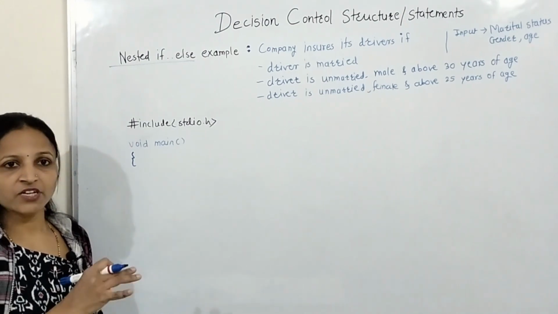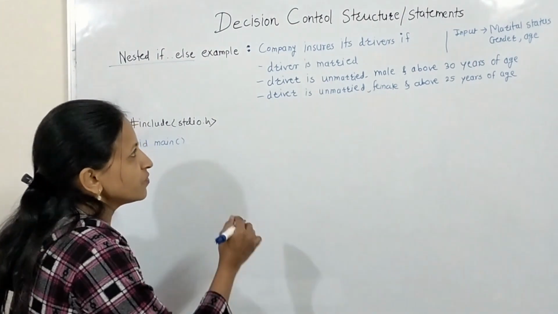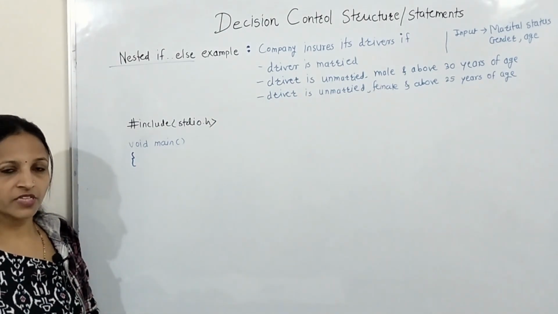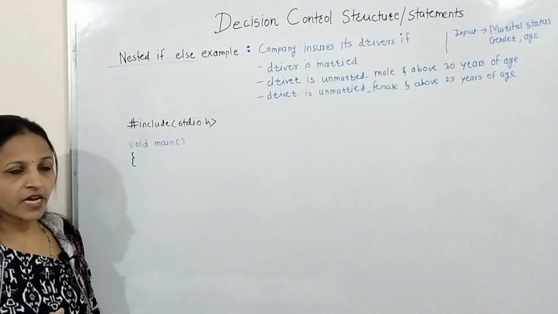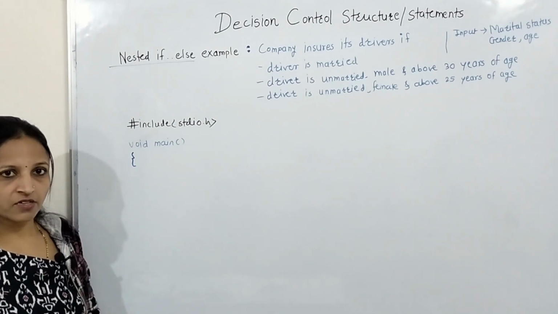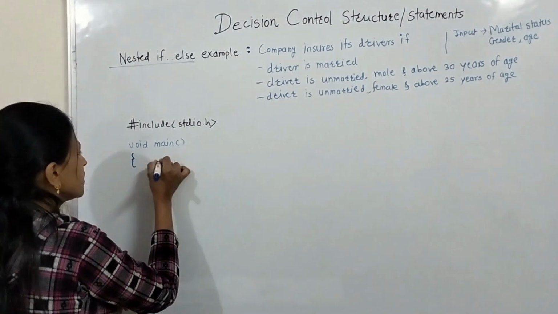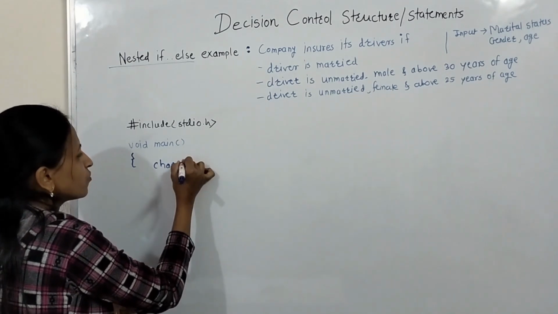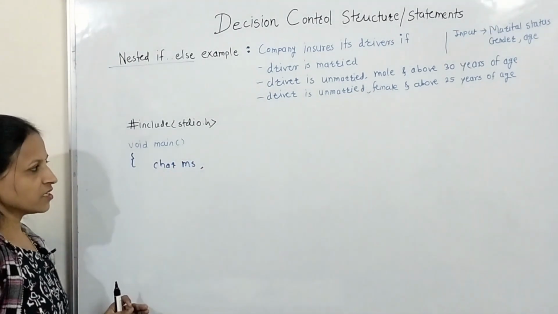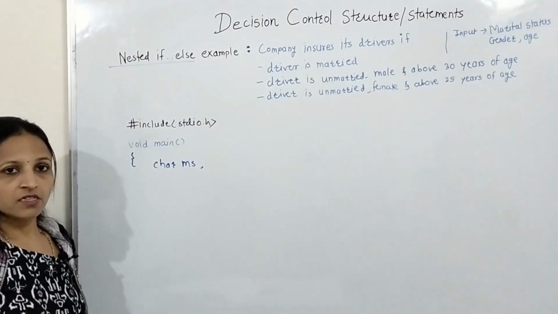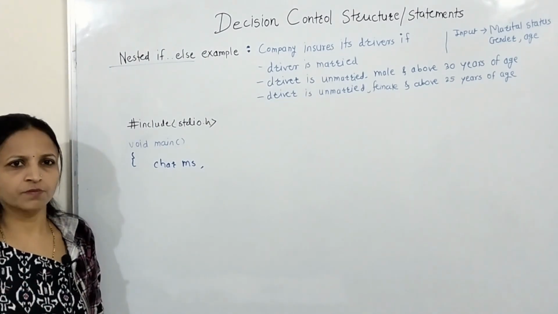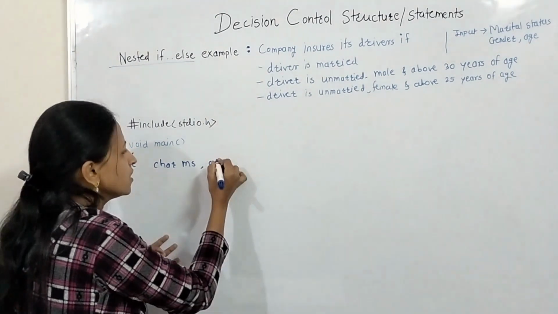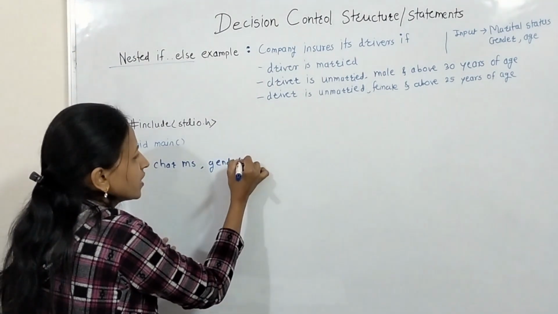And for that, first we have to declare variables. The first one is marital status. We'll declare one character variable for that, where M is for married and U is for unmarried. For marital status we will declare the variable MS. Then next, the gender of that driver we have to accept, so we will declare one more variable, gender.